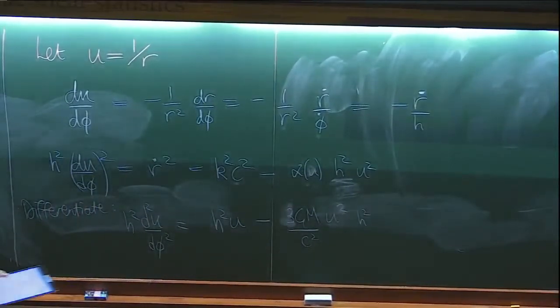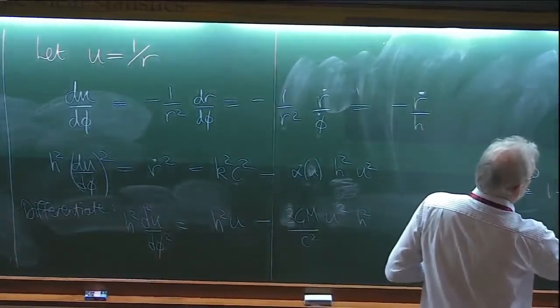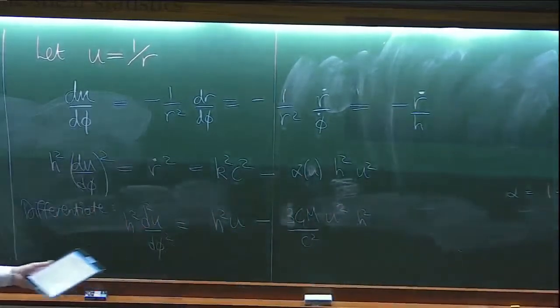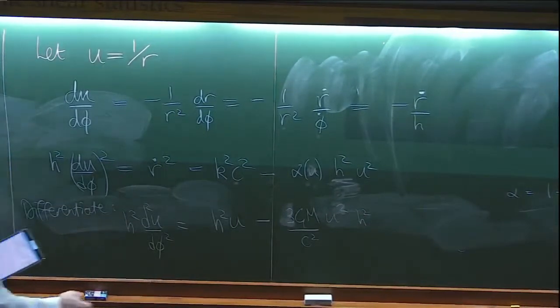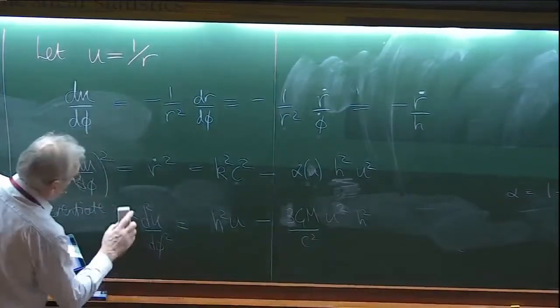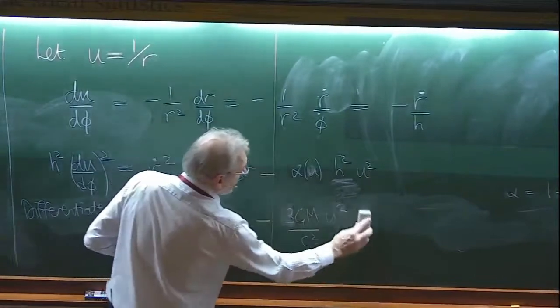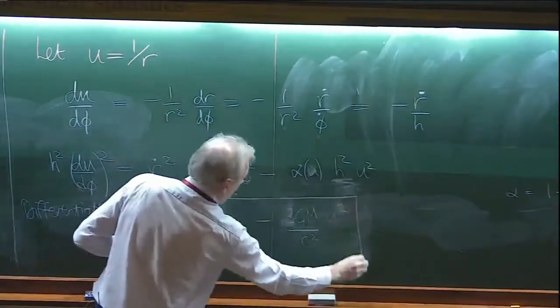So since alpha is equal to 1 minus 2 gm over c squared times u, if we multiply that out and differentiate and divide by 2, then you get this. So if we divide by h squared, we get this very simple equation for the orbit.